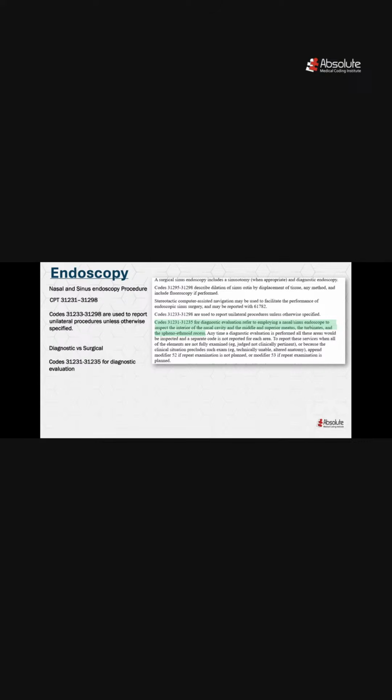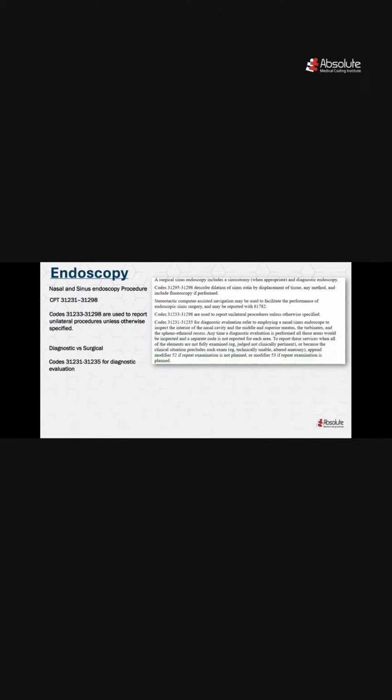All right, coders, that is a very important guideline to take note of. As I said, diagnostic nasal endoscopy codes assume a complete exam, and the modifiers are only used when that full exam cannot be completed.